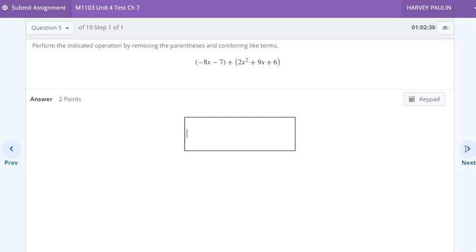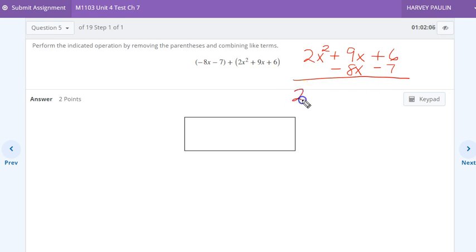Now here we are asked to add these, and we're suggesting that you put them in vertical columns. Now since it's all just addition, we don't have to change any signs. So the like term is negative 8x here, and this is a negative 7.